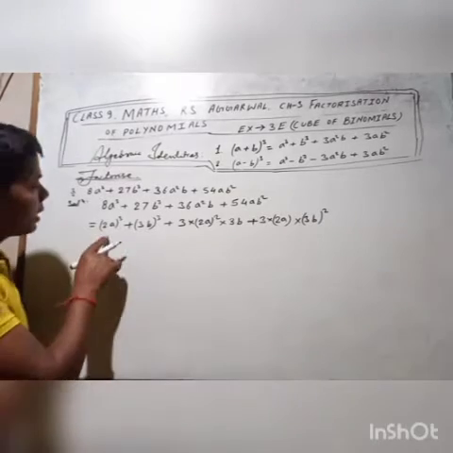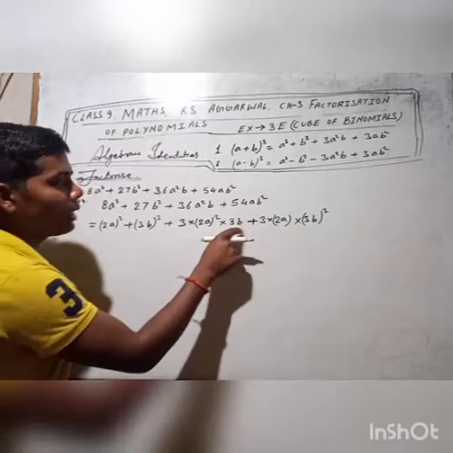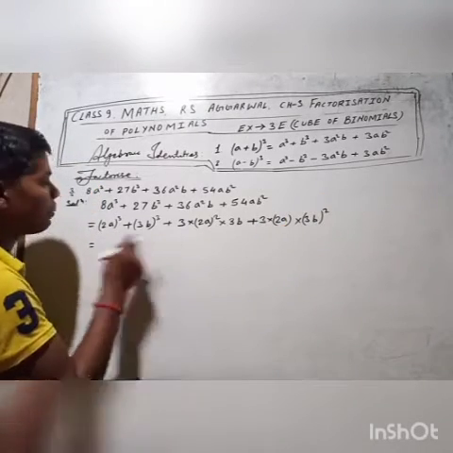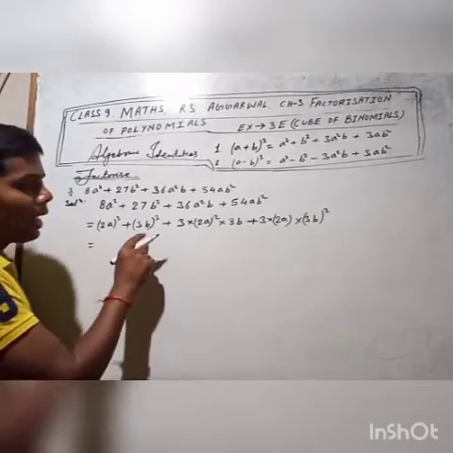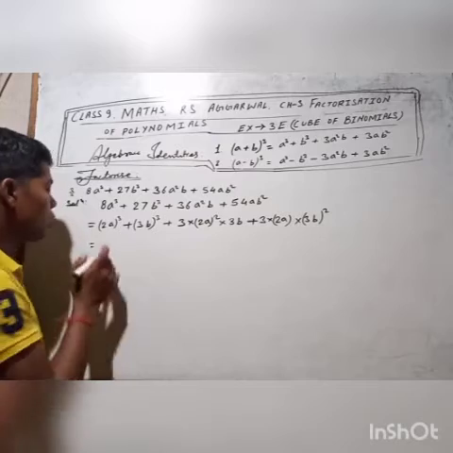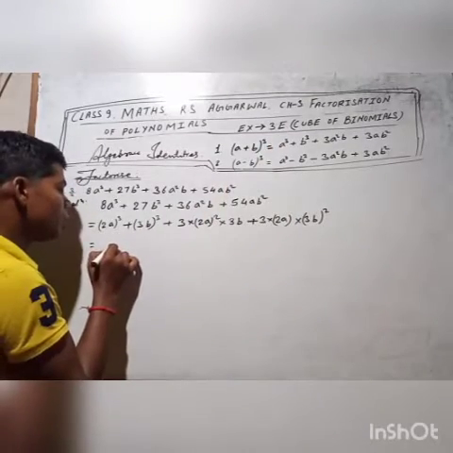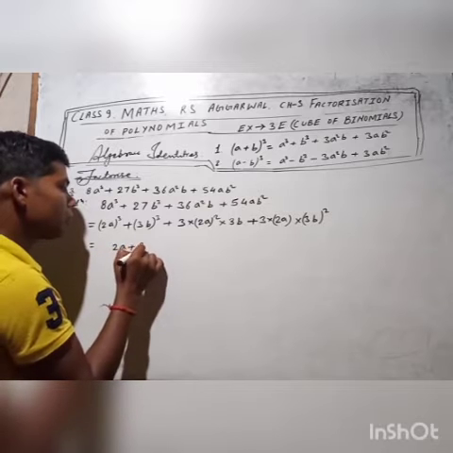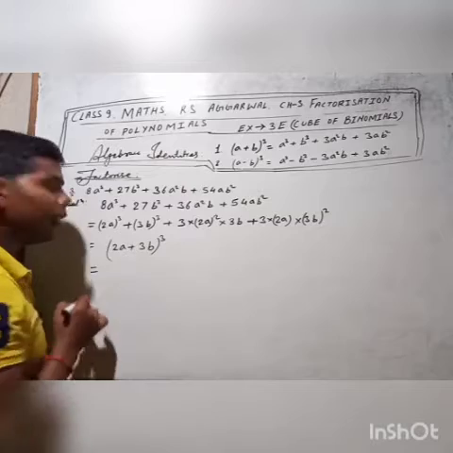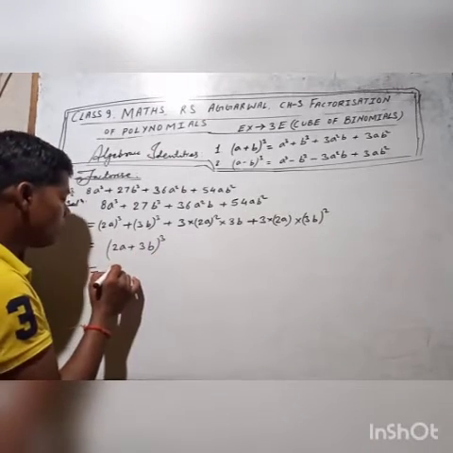So it can be written as (a plus b) whole cube, that means (2a plus 3b) whole cubed, which can be written three times because it is cubed.